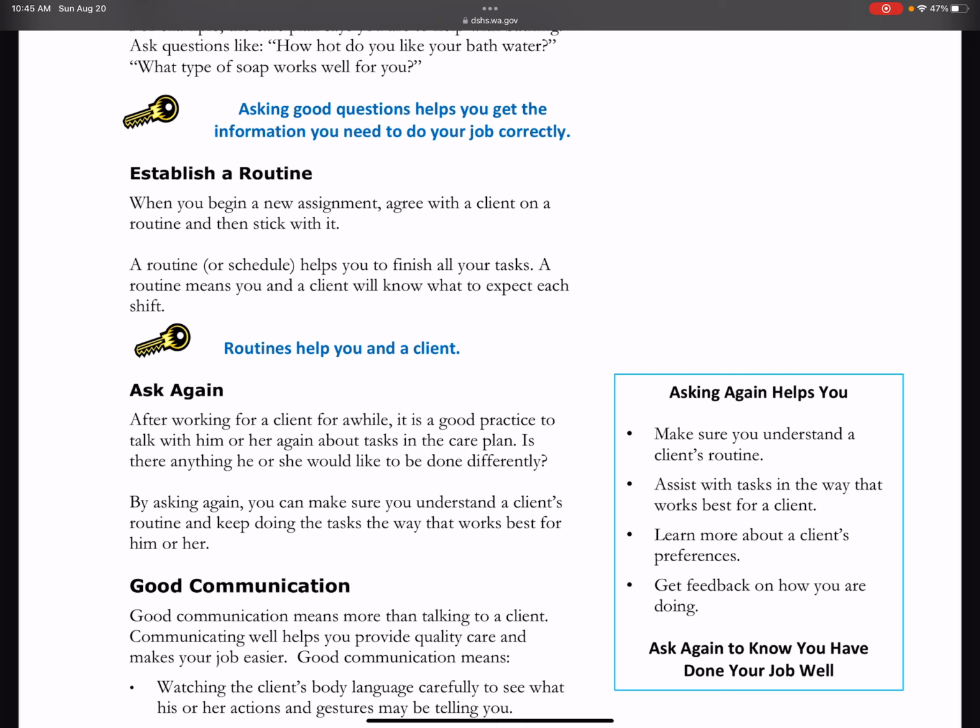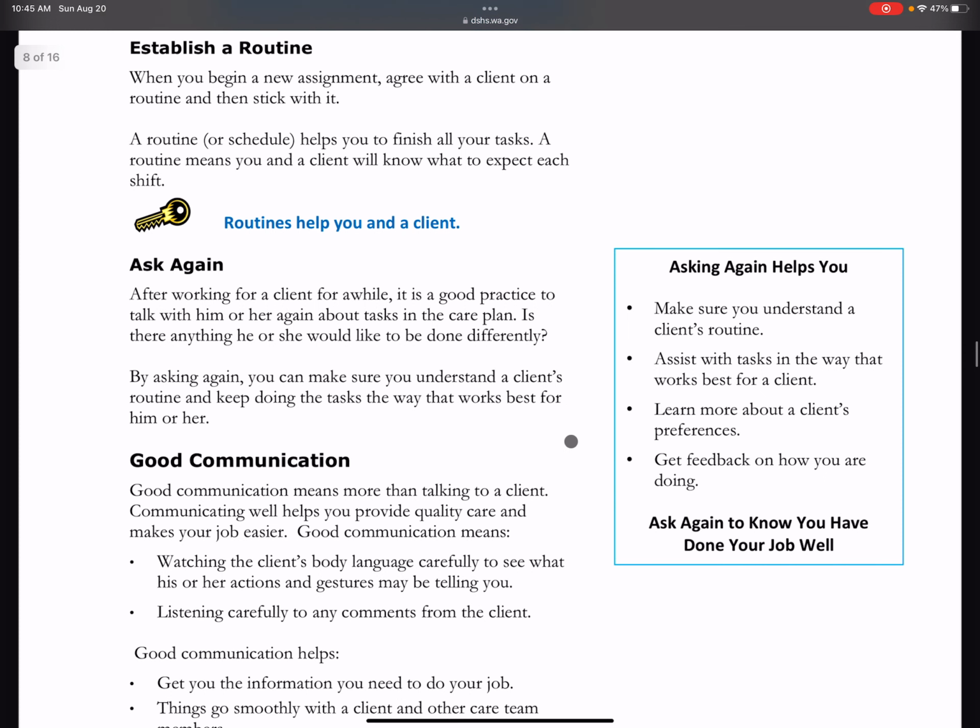Ask questions that start with what, when, where, why, and how. For example, the care plan says you are to help with bathing. Ask questions like, how hot do you like your bath water? What type of soap works well for you? Something like that. Good communication is very important in this job.